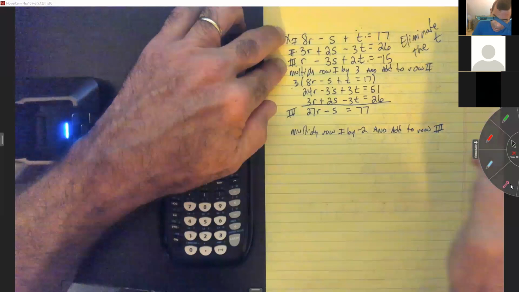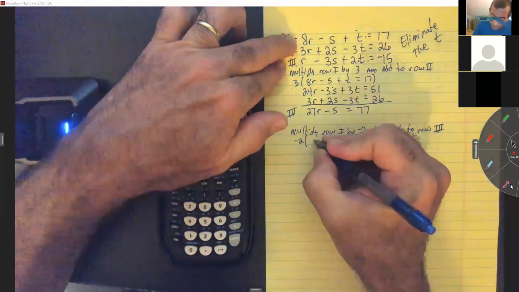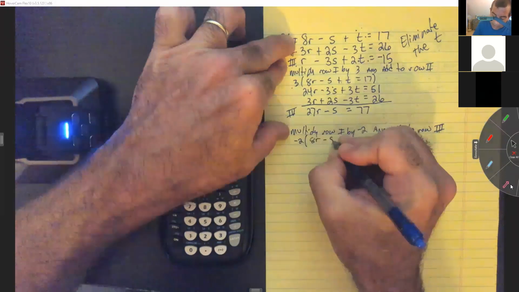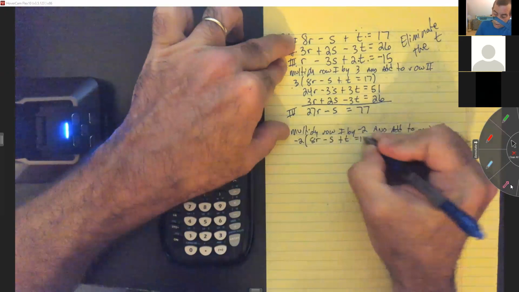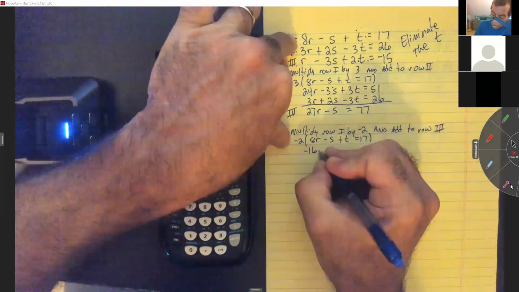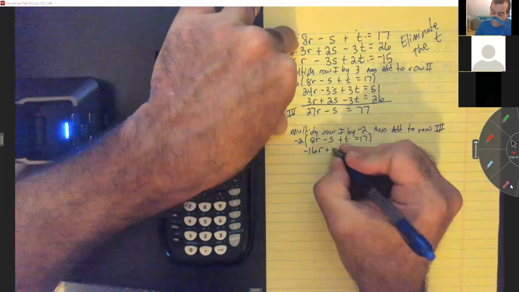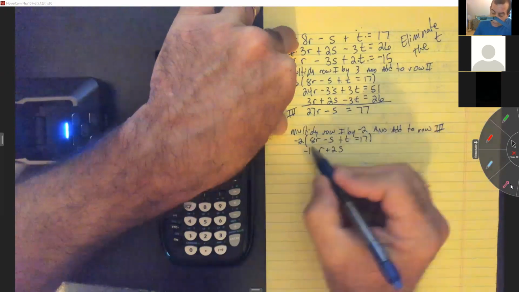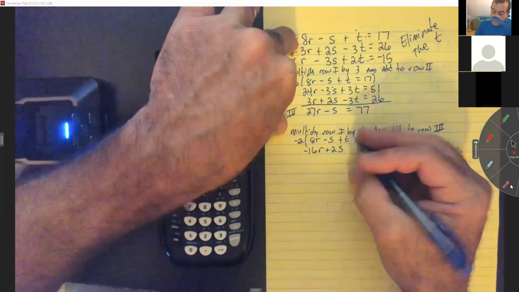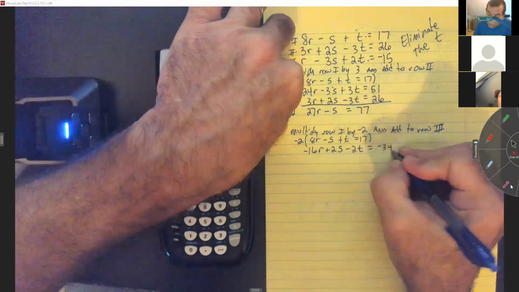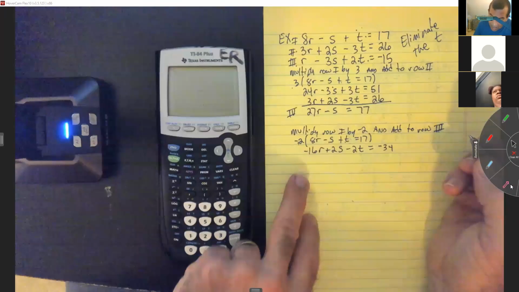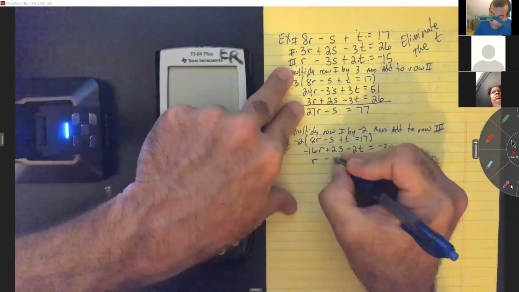All right, so negative 2 times 8R minus S plus T equals 17. That'll give me negative 16R. Negative 2 times negative 1 is a positive 2S. Negative 2 times T is a negative 2T. Negative 2 times 17 is negative 34. Add that to row 3, which was R minus 3S plus 2T equals negative 15.